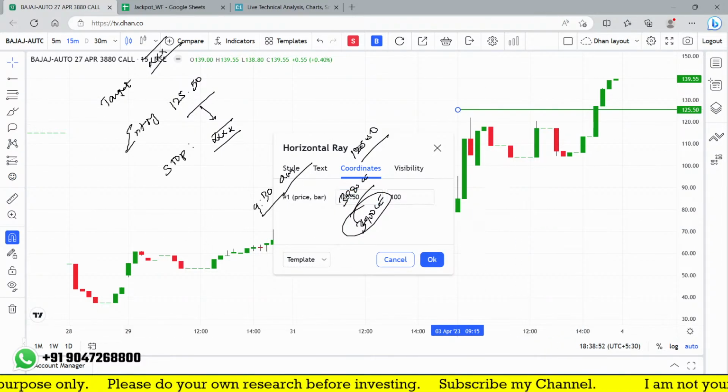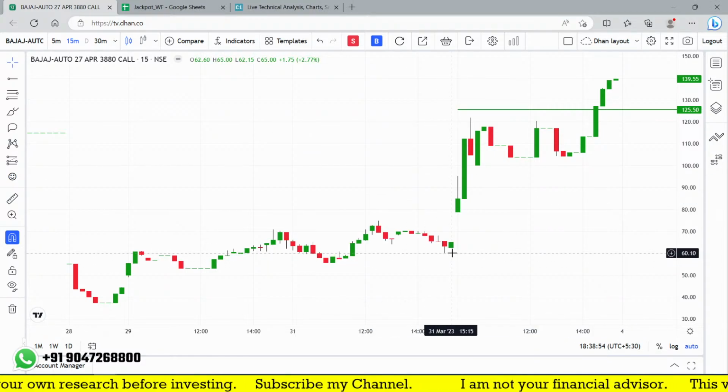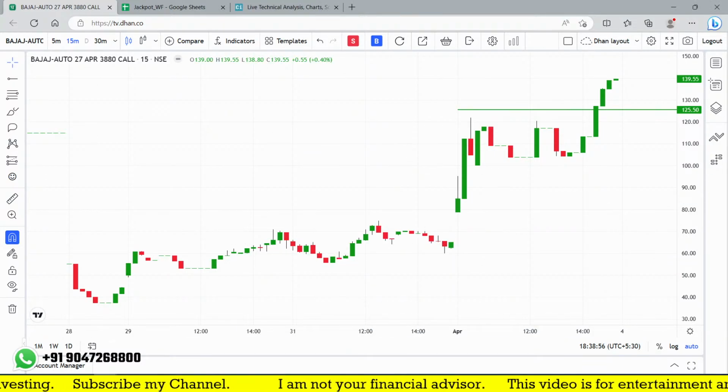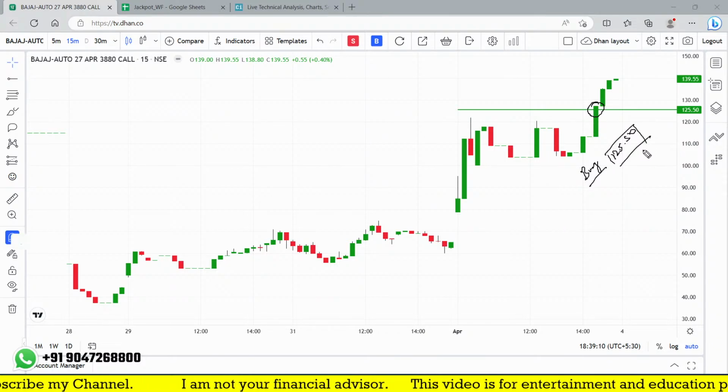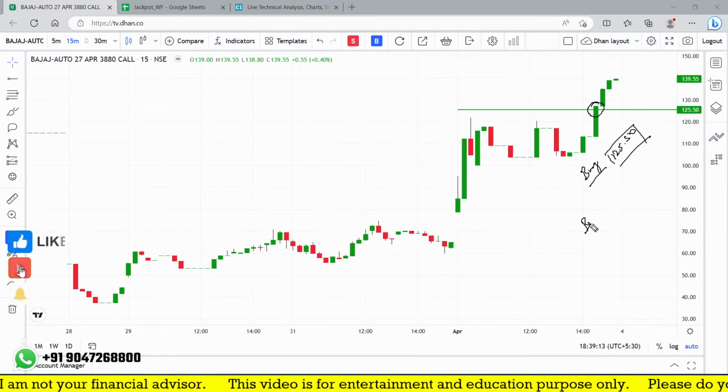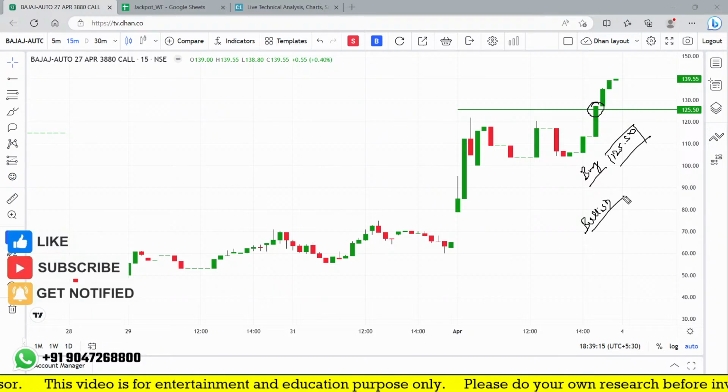So we remove this. This is the entry point, and where this entry is triggered will give me a clue, which should be a buy. 125.5. So in this particular option, here it was a trigger, and it's showing me bullish.